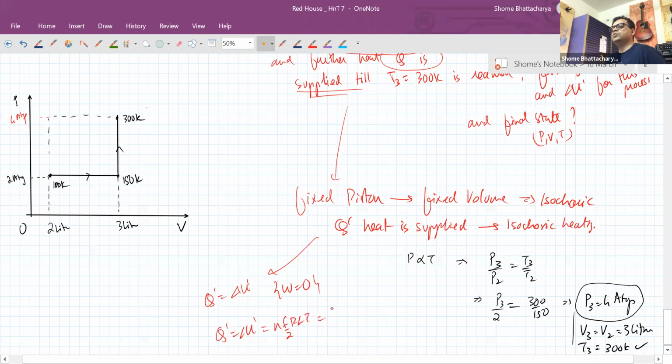Which we can also write as F by 2 into V delta P, because if volume is constant, then V delta P is equal to NR delta T. This NR delta T is the constant volume of 3 liters into the change in pressure.